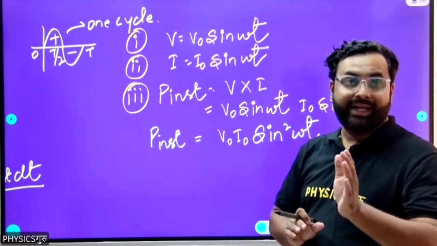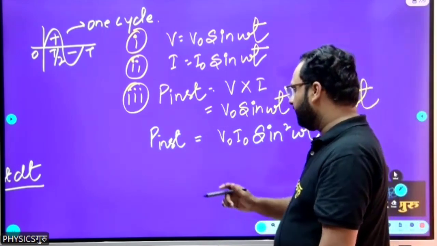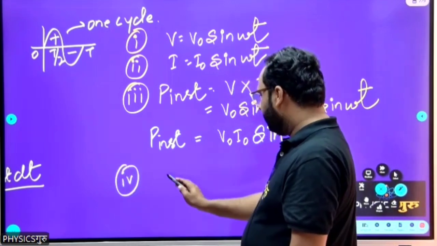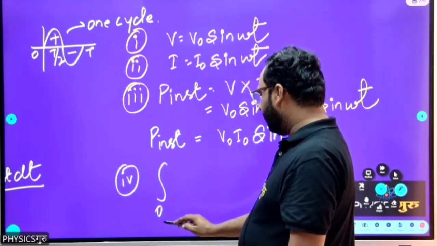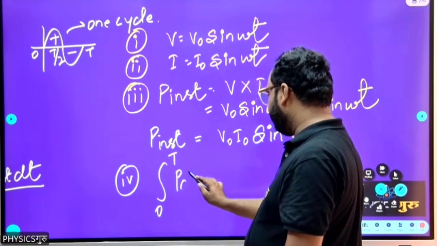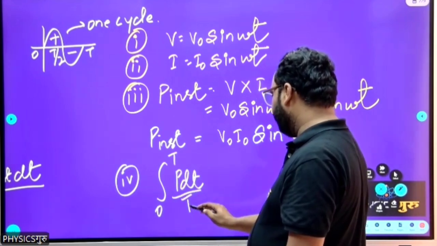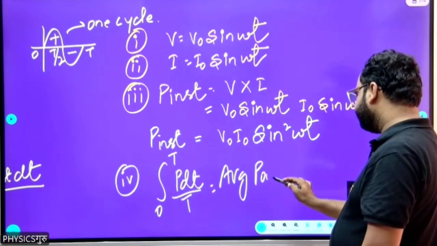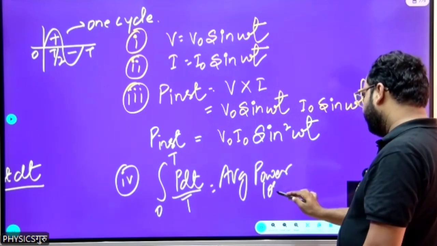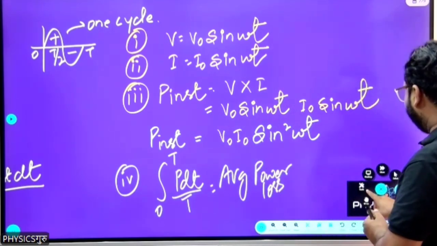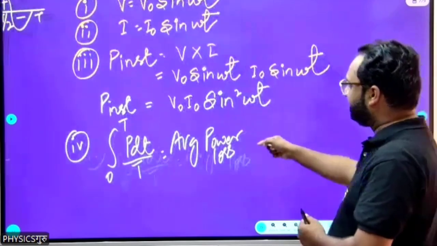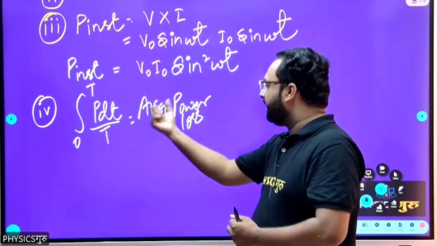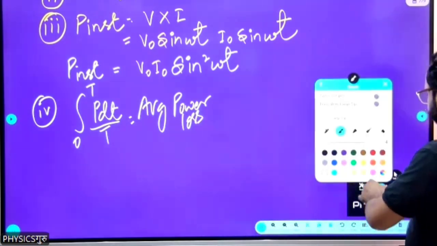Now we have to calculate average power, that is nothing but power loss during the entire cycle, one cycle. So average power is the integral from 0 to T of P dt upon capital T. We need to find average power loss. So basically we need to integrate this instantaneous power and we will get the average power.